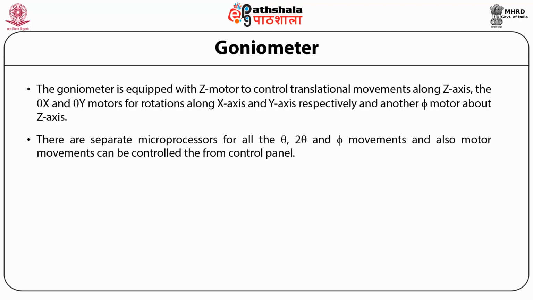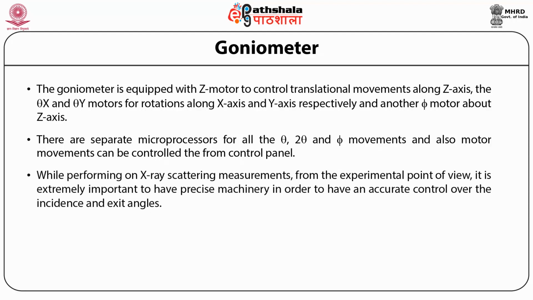There are separate microprocessors for all the theta, 2 theta and phi movements, and also motor movements can be controlled from the control panel. While performing experiments on X-ray scattering, from the experimental point of view, it is extremely important to have precise machinery in order to have an accurate control over the incidence and exit angles.